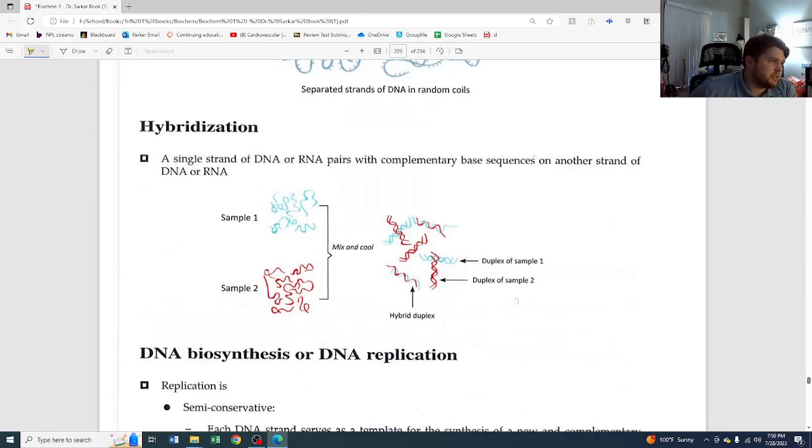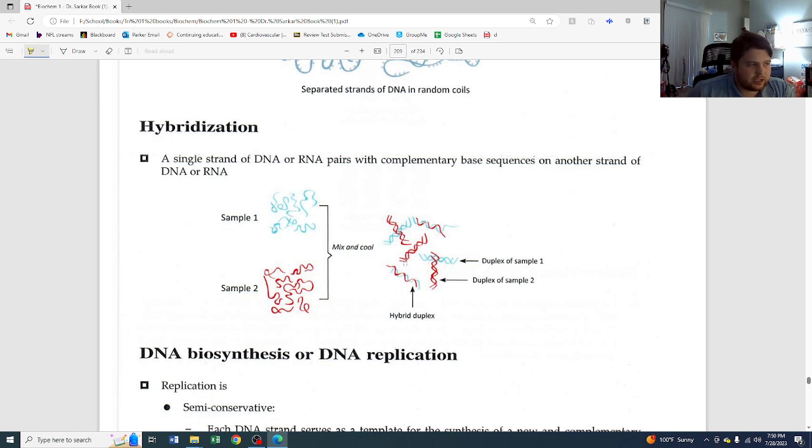Hybridization. A single strand of DNA or RNA pairs with a complementary base sequence on another strand of DNA or RNA. So when you denature a bunch of different strands, when they're denatured and free-floating, you mix them all together.